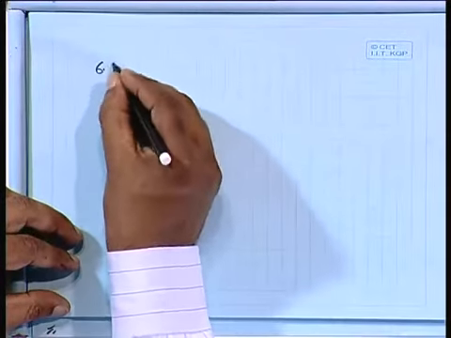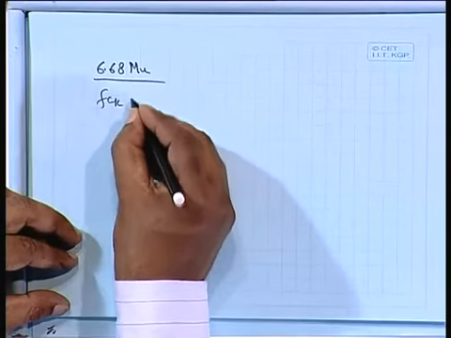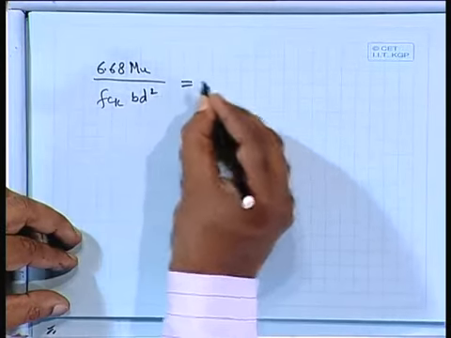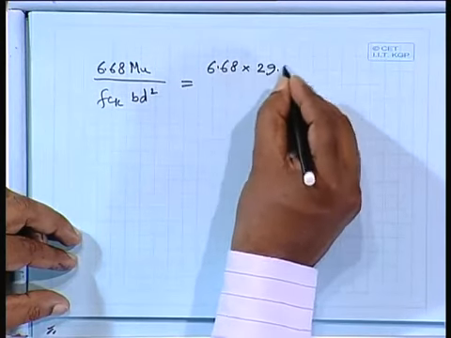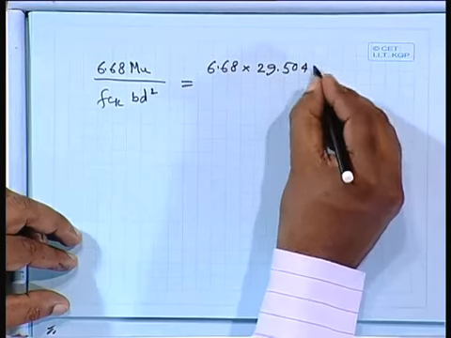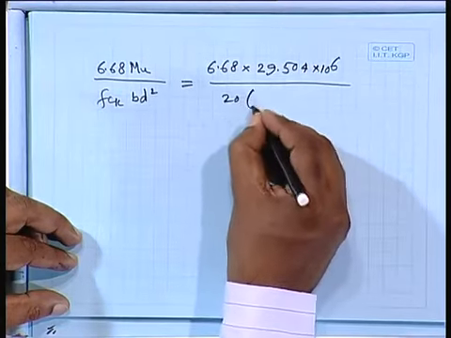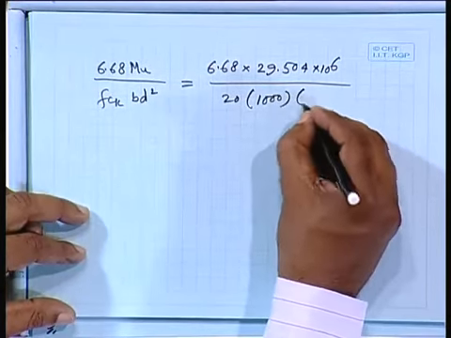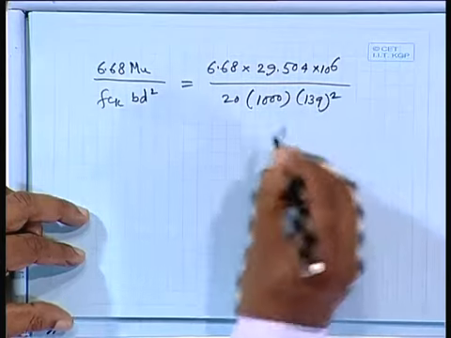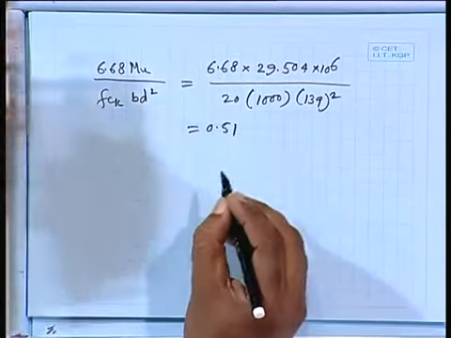6.68 mu by FCK B D square equals 6.68 times 29.504, that is the moment, times 10 to the 6, divided by 20 times 1000, that is the meter width, times the effective depth of the slab squared, which comes as 0.51.